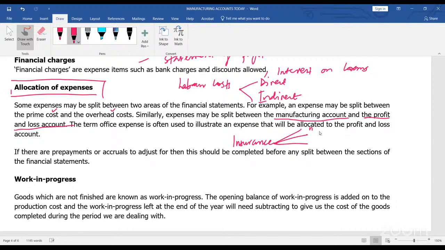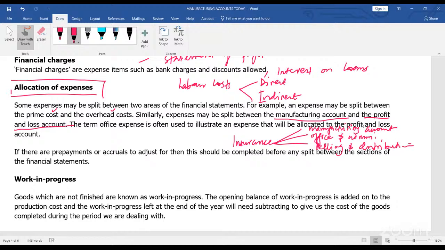You have to show it. There is a manufacturing insurance cost that goes to the manufacturing account. You may find insurance, part of it is office and admin. You may find that insurance, part of it is selling and distribution. So this is what I mean by allocation.